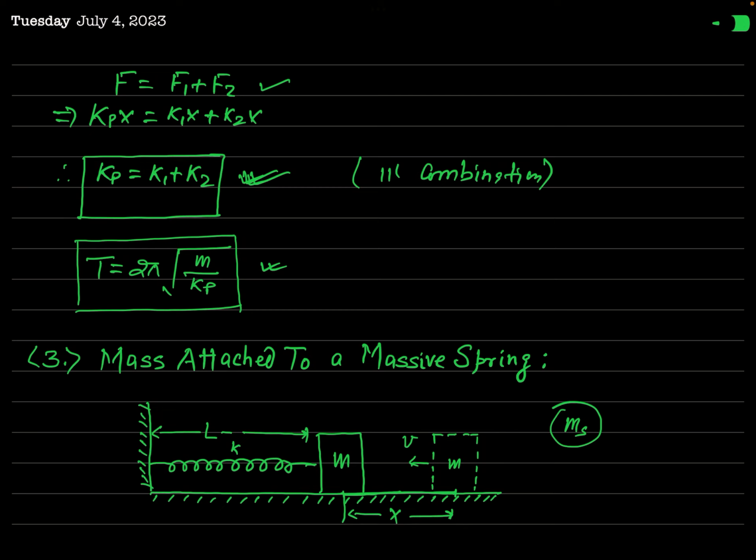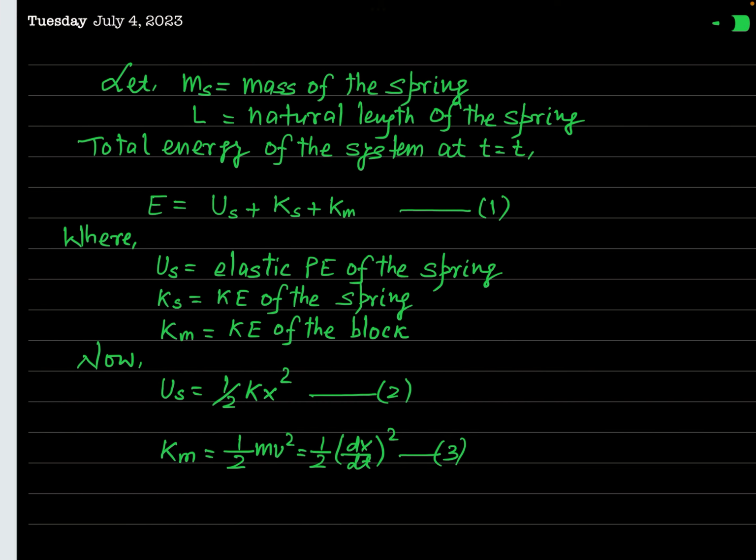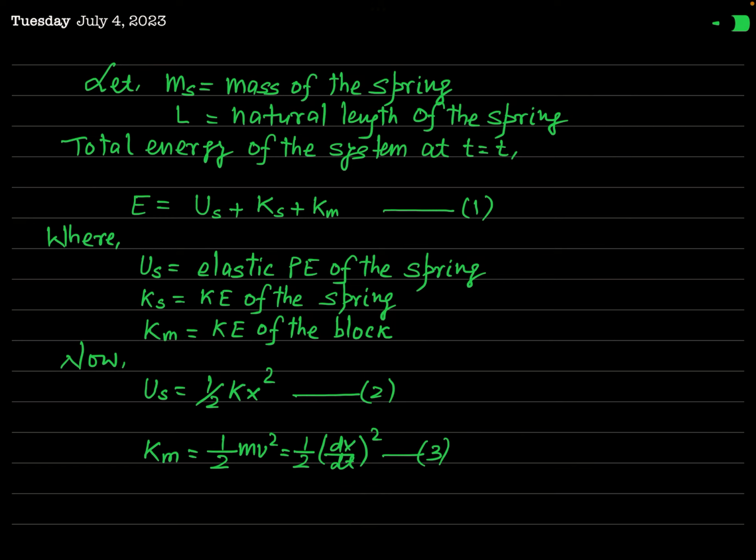So here there will be three types of energy: kinetic energy of this block, kinetic energy of the spring, and the elastic potential energy of the spring. We can obtain the expression for all these three energies, and then after adding you will get the total energy of this system. So let us see this calculation.